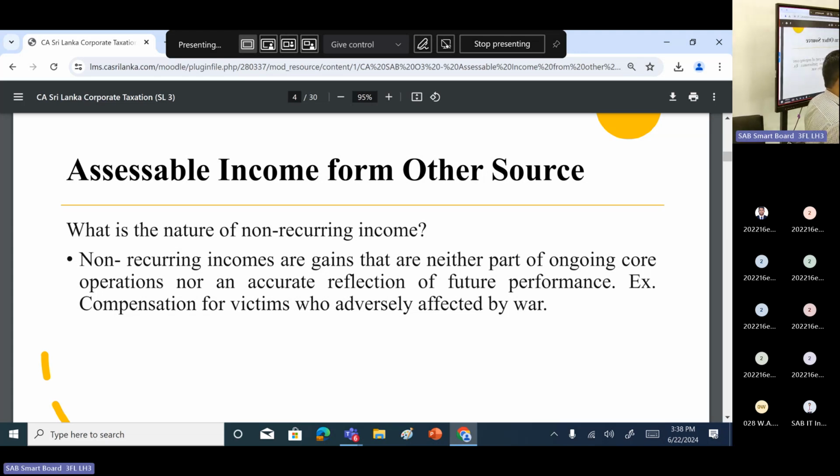What happened during that war season? Forces acquired some land and put up buildings to keep their vehicles or boats, that type of thing. That is the instrument they were using for war purposes.